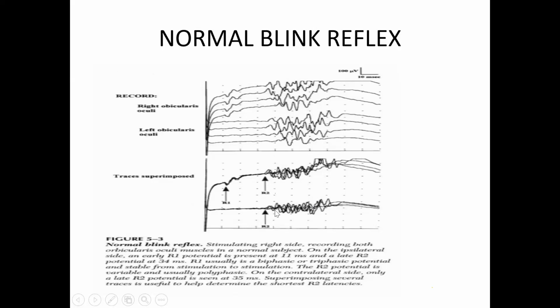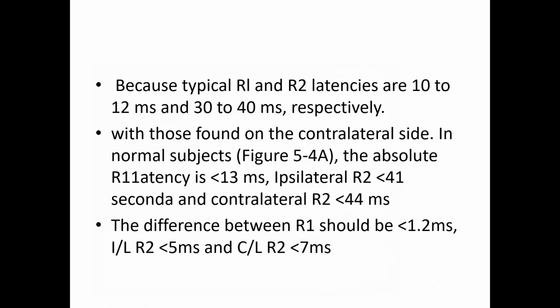So what are the normal latencies of ipsilateral R1, R2 and contralateral R2? Normal ipsilateral R1 is less than 13 milliseconds. The typical R1 and R2 latencies are 10 to 12 milliseconds and 30 to 40 milliseconds.